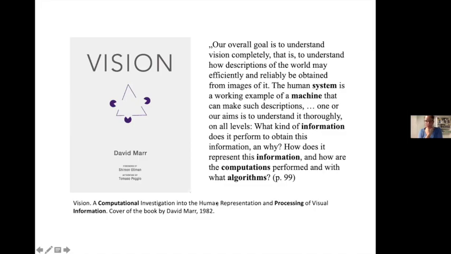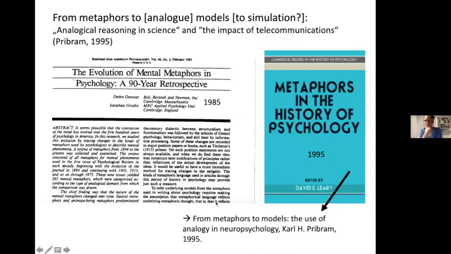And I found interesting books and articles written about this idea and metaphor in the history of psychology. We've seen this cover yesterday already, but also the evolution of mental metaphors in psychologies. And so we could say from metaphors to Analogiemodelle, analog models, to simulation.